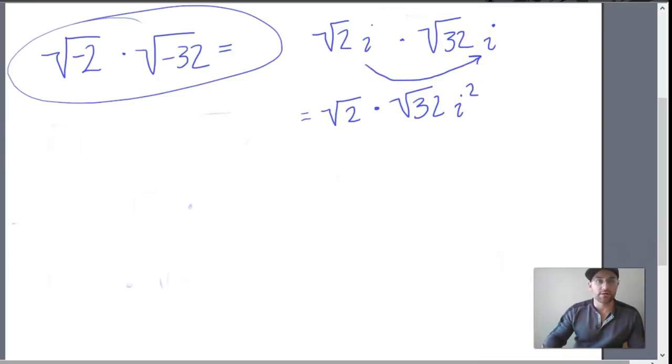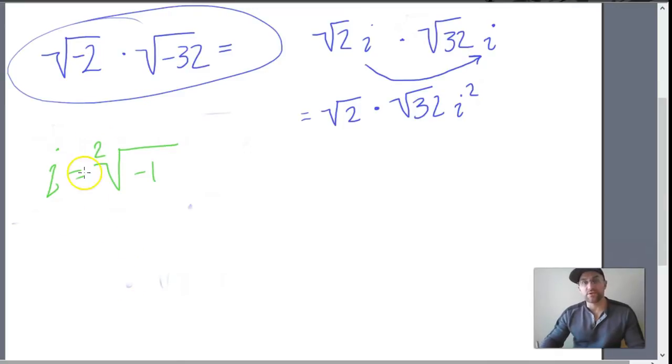Now, let's rewind a second. i is equal to the square root of -1. So our index root here is 2, right? So that means i times i, or i squared, is -1. So we can rewrite this as -1, and it's multiplied against the rest of the problem.